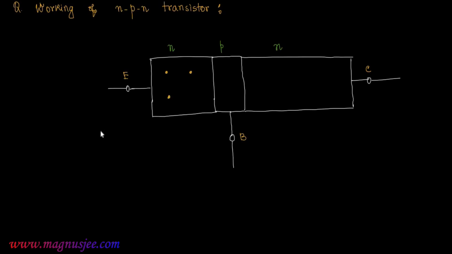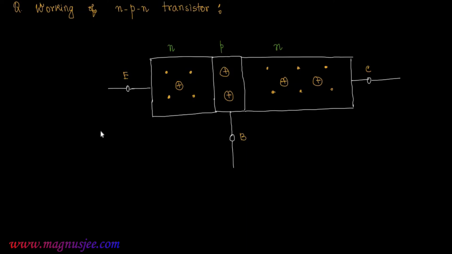Majority charge carriers in N-type emitter are the conduction electrons. This dot means conduction electrons, and minority charge carriers are holes. In N-type collector we have majority charge carriers, that is conduction electrons, and minority charge carriers are holes.